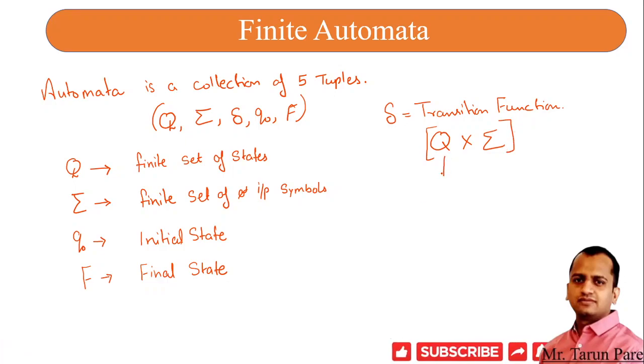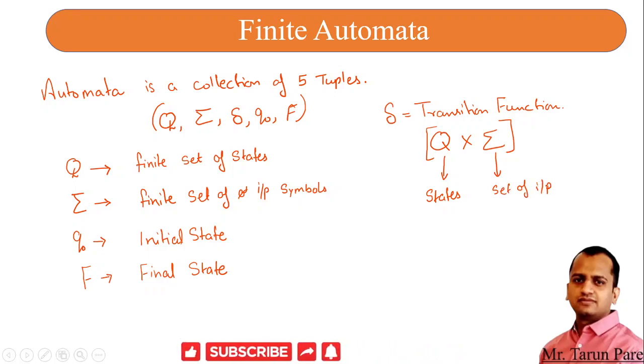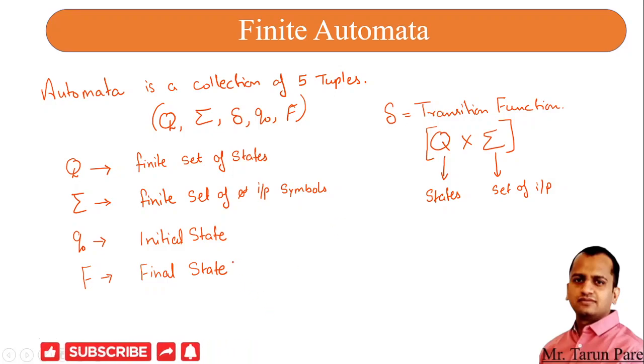What is Q? Q is states, and what is sigma? Sigma is set of inputs. Okay, so what is the role of all these different kinds of tuples? We will discuss all these things in the coming session with some examples.